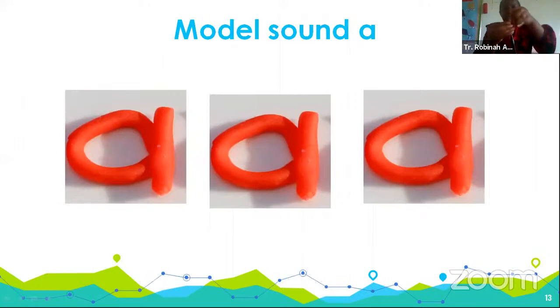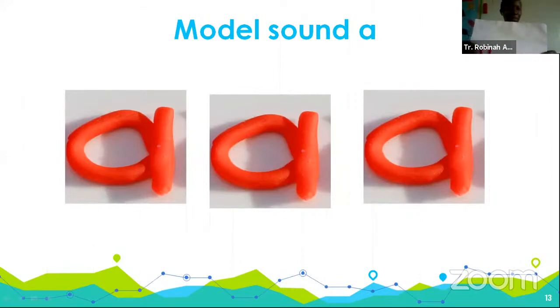You make a ball round like this. Teacher Dennis, if you can help me enlarge my video so that they can see. So you model your ball, you paste it on a piece of paper, just like you're seeing there. I wonder whether you can see.